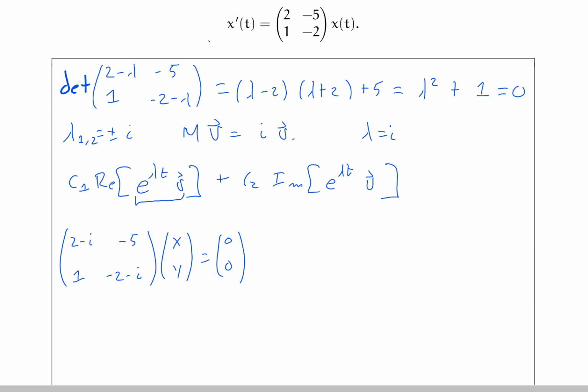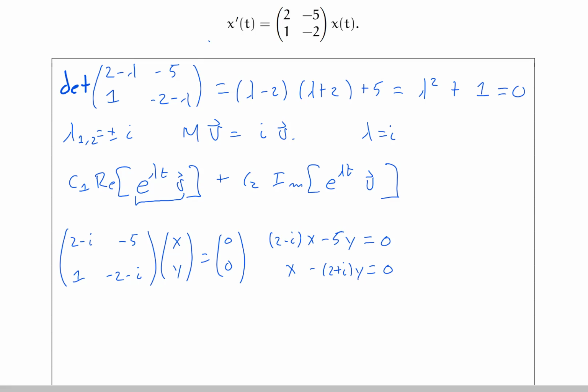It might be a little more difficult to realize when we're dealing with complex numbers, but actually the top line of this equation is going to be equal to 2 minus i times the bottom equation. So the top equation is (2 minus i)x minus 5y is equal to 0, and the bottom equation is x minus (2 plus i)y is equal to 0.